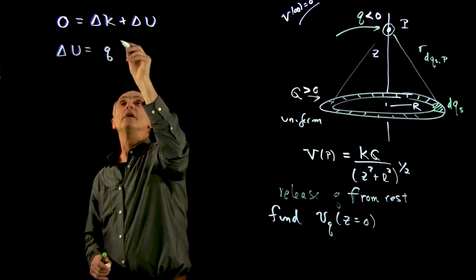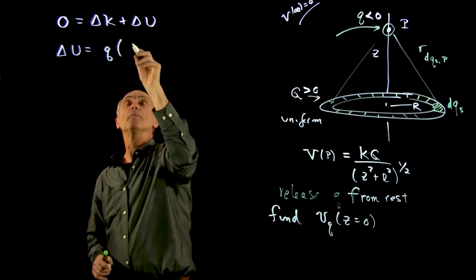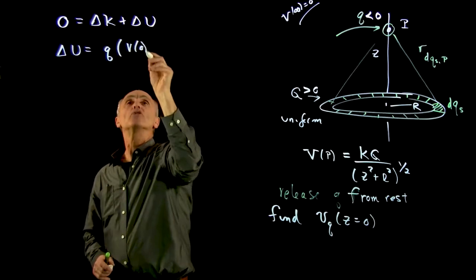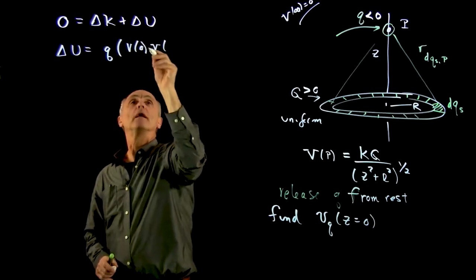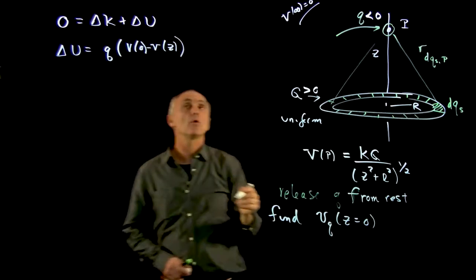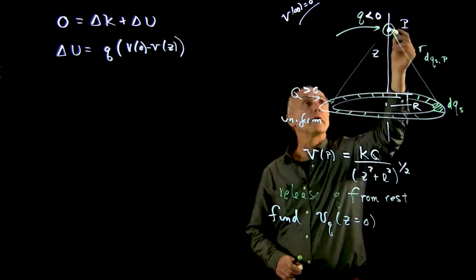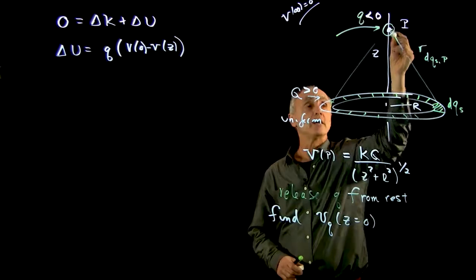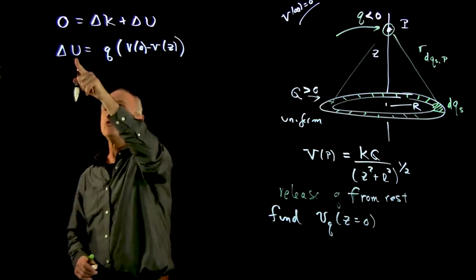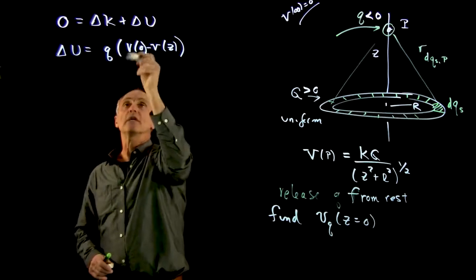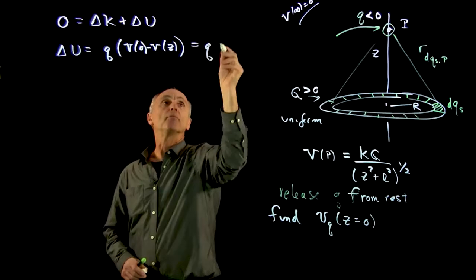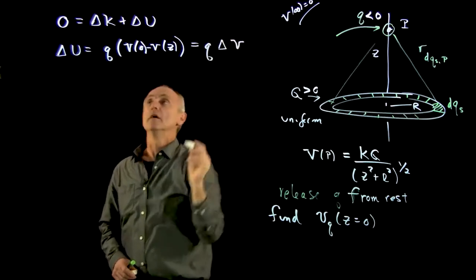So we're going to end at the origin, and we're starting the particle at Z. So we start the particle at a distance Z away from the origin, and we're asking, what is the change in potential energy of this particle till it gets to the origin? So that's what we mean in this problem by q delta V.